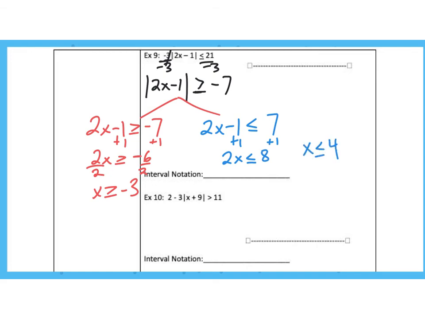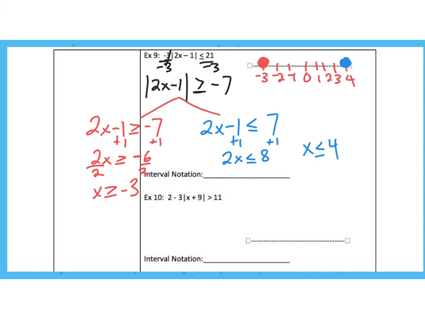So I have my two answers here. I can go ahead and put them on a number line. So negative 3, negative 2, negative 1, 0, 1, 2, 3, 4. Close circle on negative 3. Close circle on positive 4. And let's do some shading and see what we find out.